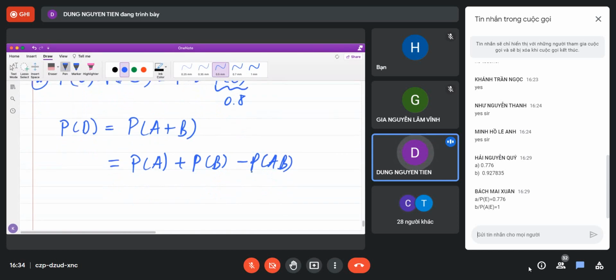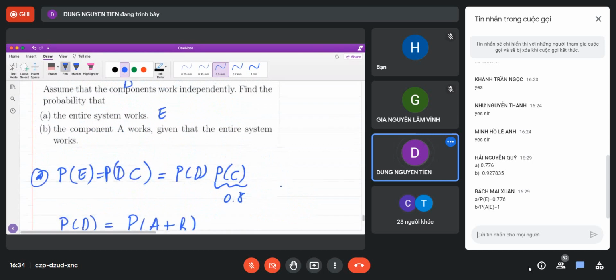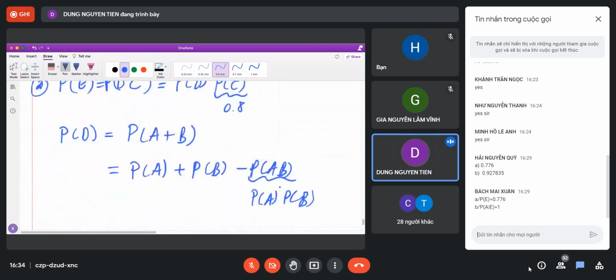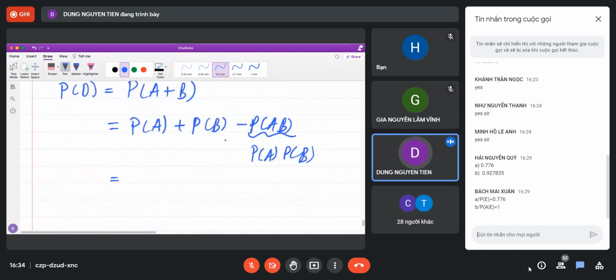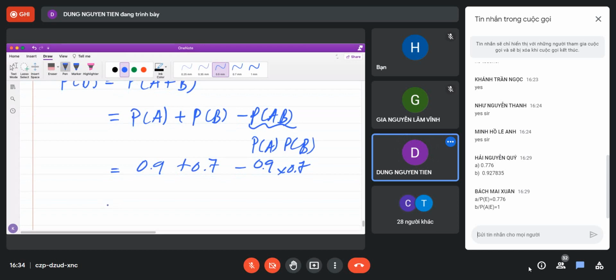The probability of AB is the probability of A times the probability of B. The probability of A is 0.9 and the probability of B is 0.7, so you get 0.9 plus 0.7 minus the product. So you get the probability of D equals 0.97.